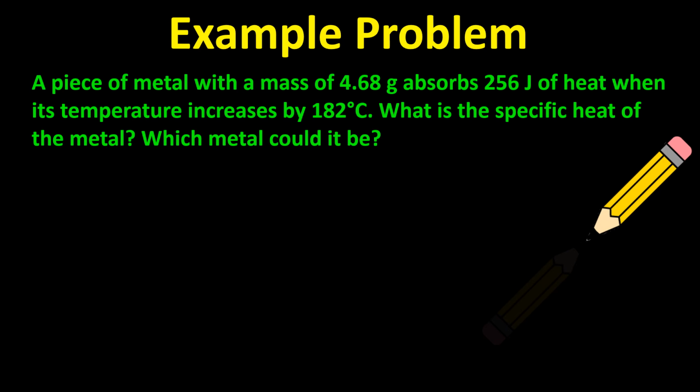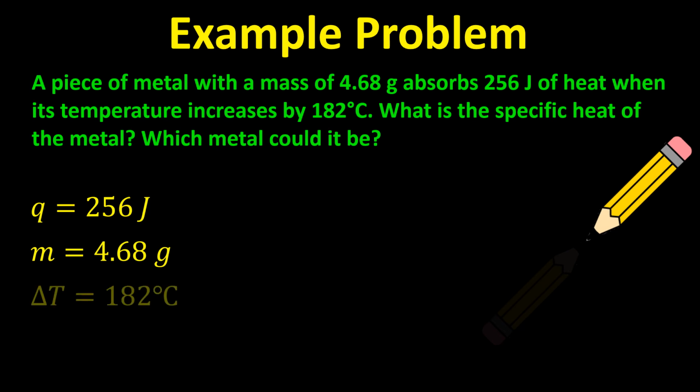What is the specific heat of the metal? Which metal could it be? So let's record the values that we see in the problem. The Q we can see is 256 joules. The mass is 4.68 grams. And the delta T is 182 degrees Celsius.